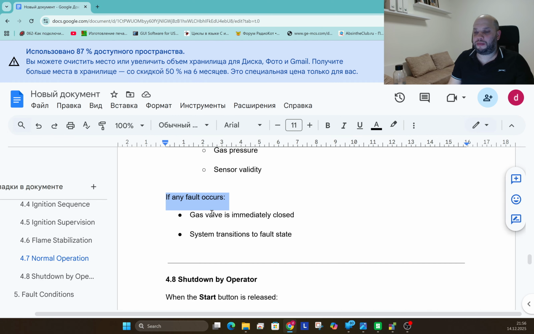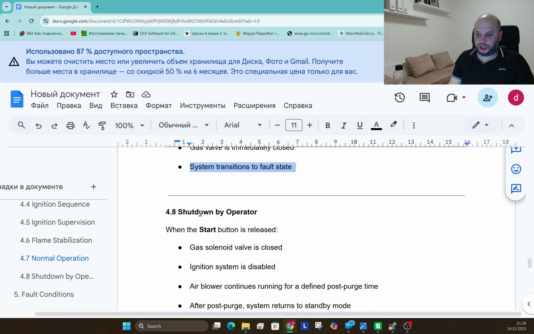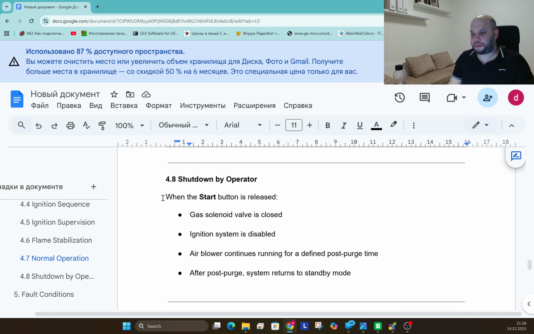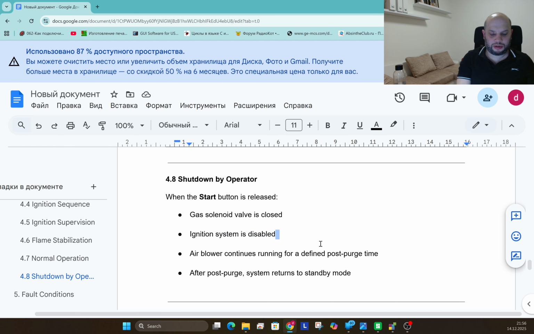If there will be some problem, gas valve immediately closes, system goes to the fail state. Shut down by the operator. When the start is released, gas solenoid valve is closed. Ignition system, no, ignition system, it's already disabled. Okay.